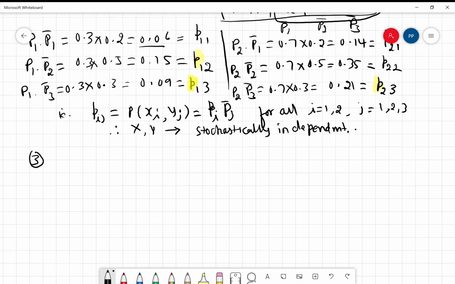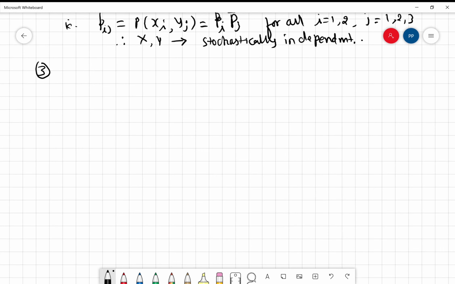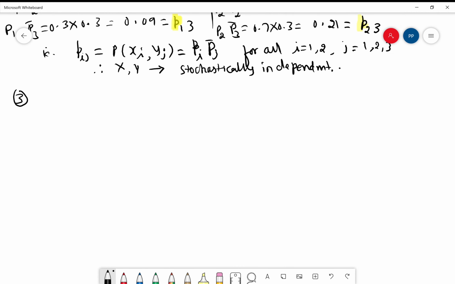Next problem, here we'll be asked to find the variance, covariance, or instead of that, we take the other problem where you give the individual distributions.